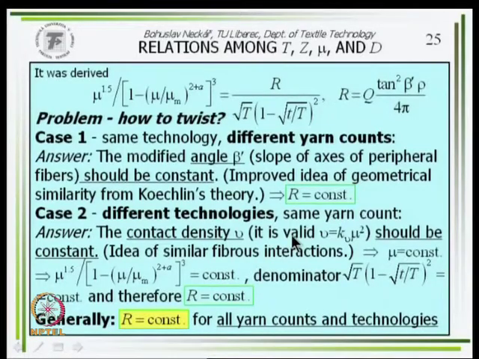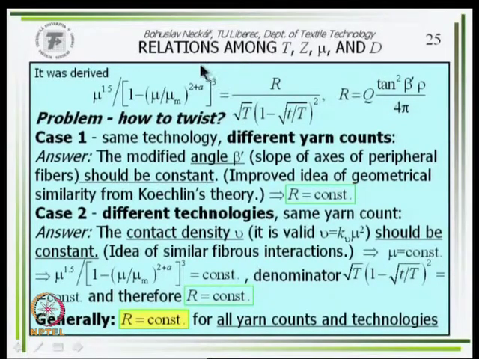Because the number of contacts is a parameter times mu squared, we know it from earlier lectures. Then also packing density shall be the same. So let's twist carded, combed, as well as open-end yarn.